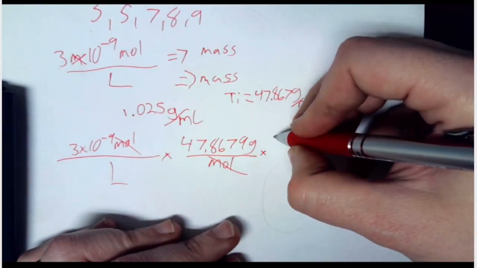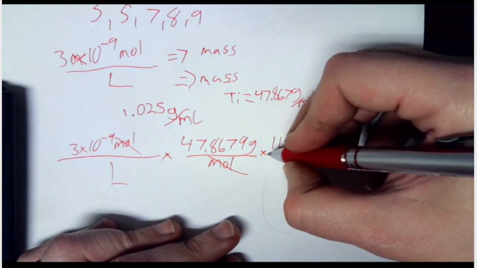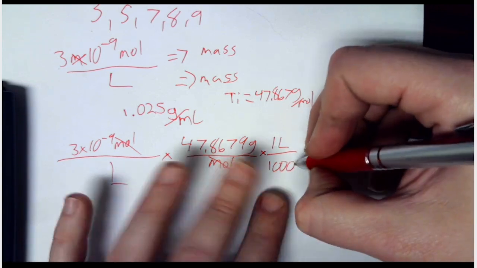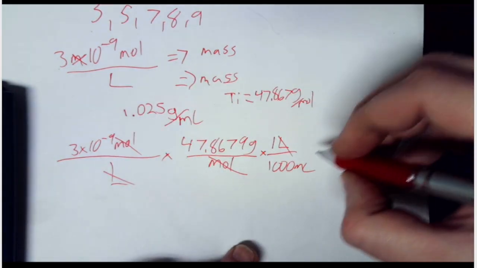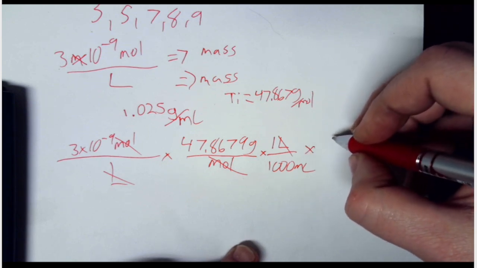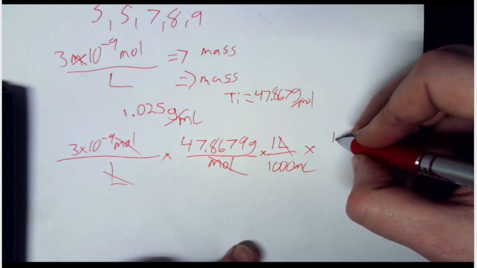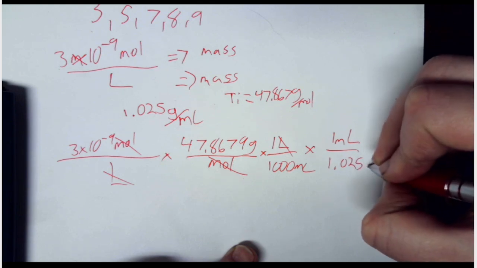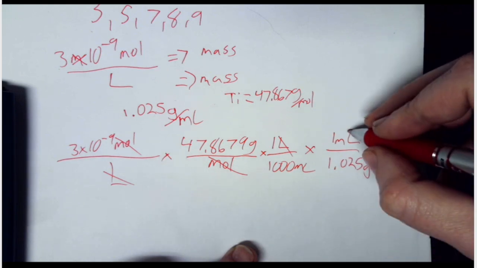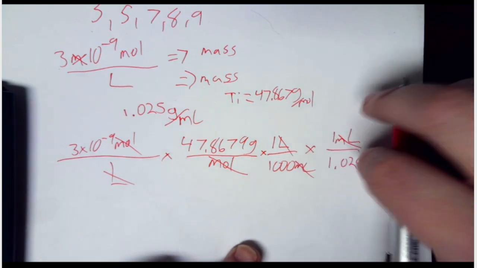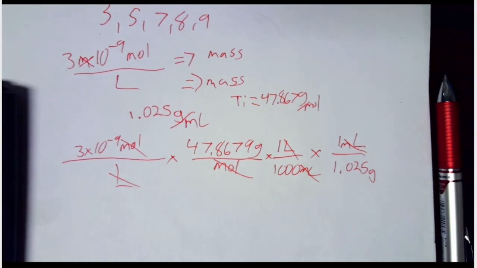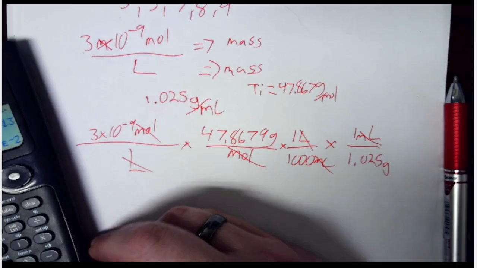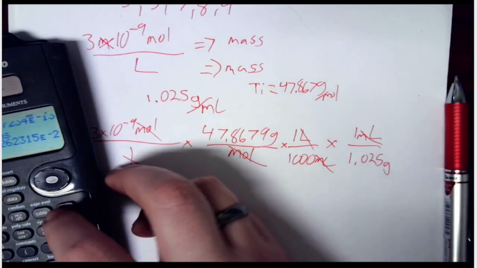In 1 liter there is something like 1,000 milliliters, and the density of seawater is something like 1 milliliter weighs 1025 grams. So that's a measurement of grams per grams. Let's figure out what this number is before we go any further.